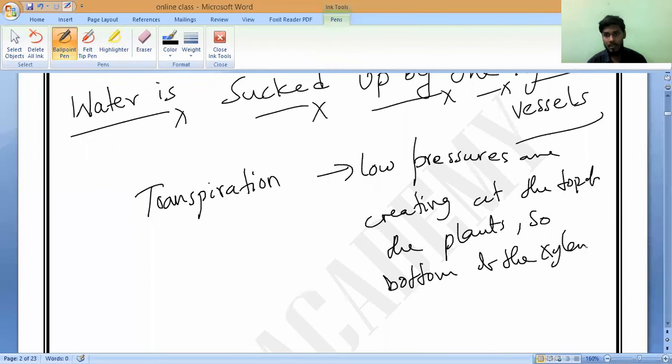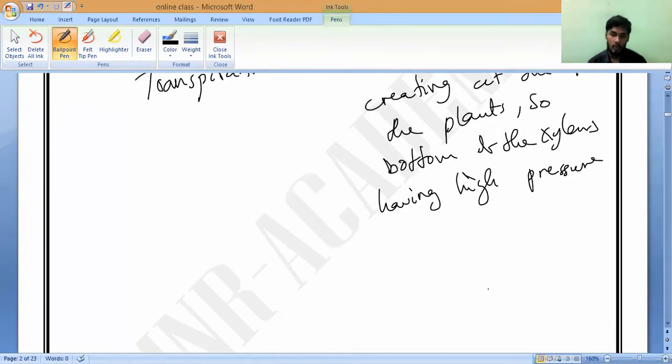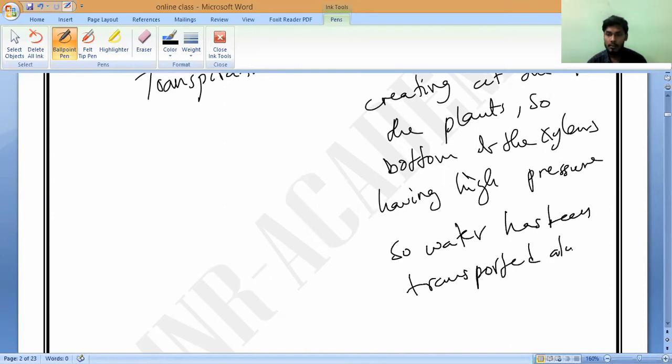The bottom of the xylem has high pressure, so that water is pumped or transported from bottom to top.